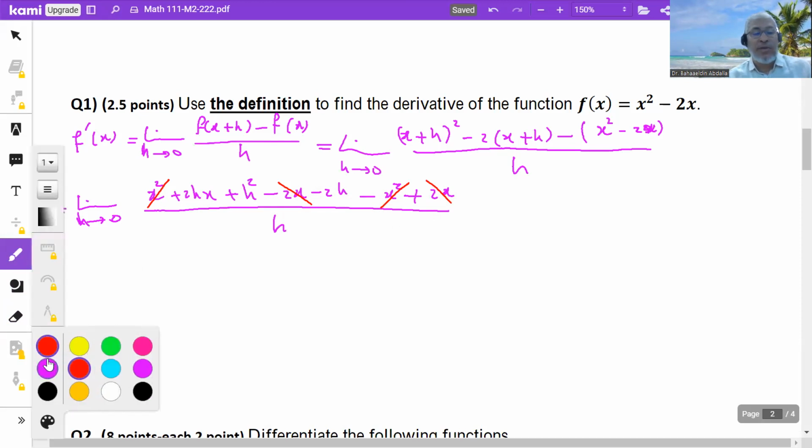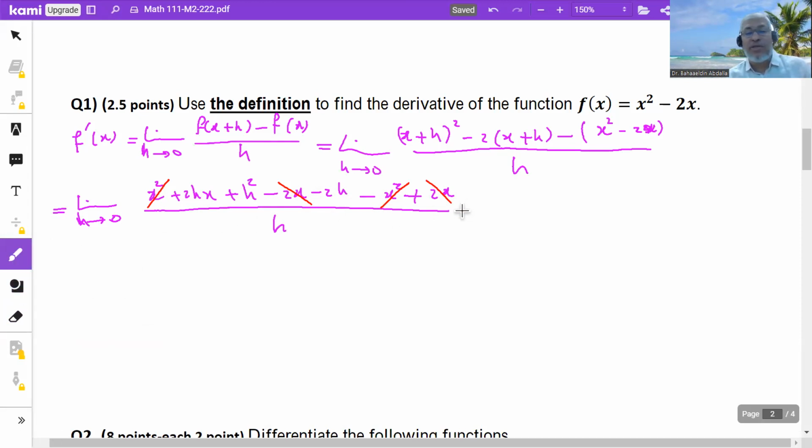So now you can take h as a common factor. So I have 2x plus h minus 2 over h. Now you have multiplication product in the numerator, so you can cancel.